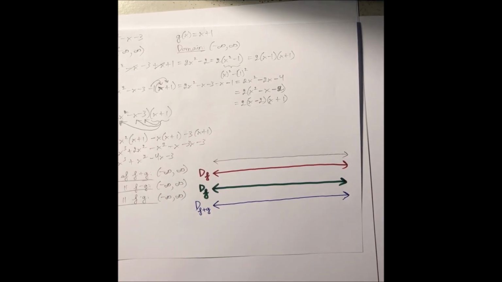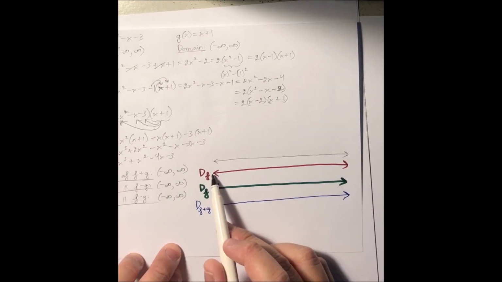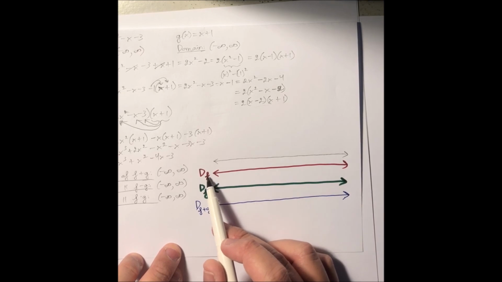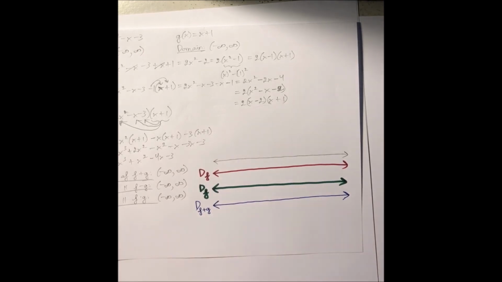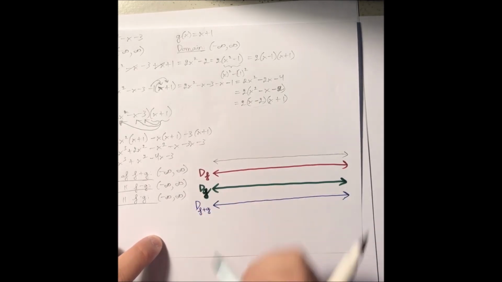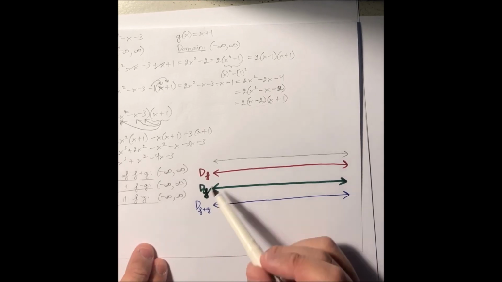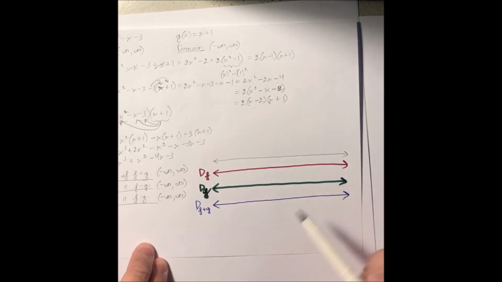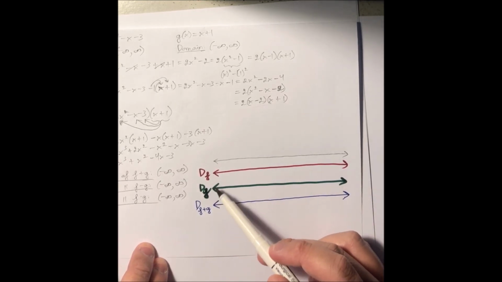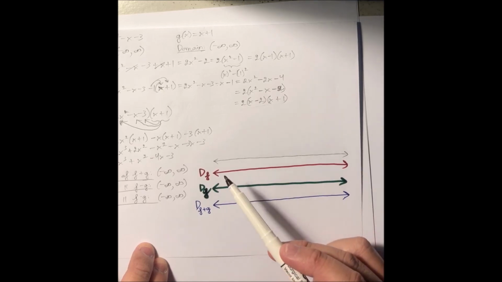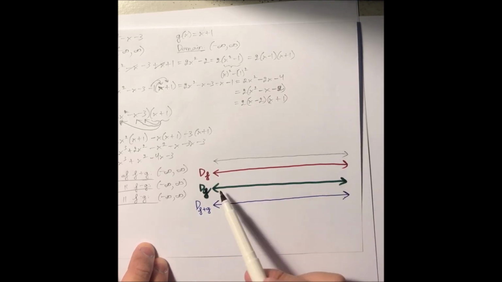And of course, we can say the same thing for the difference. Again, looking at all of the x values in the f domain and in the g domain, they both again have the common x values, which are really all of the x values from negative infinity to positive infinity.